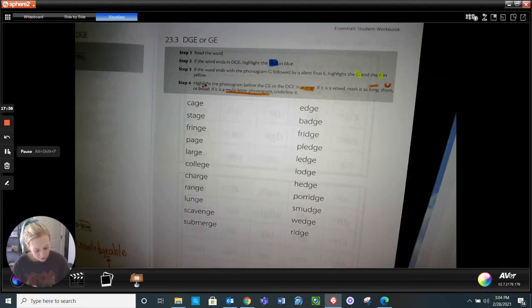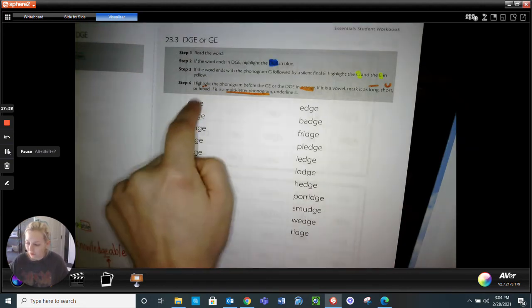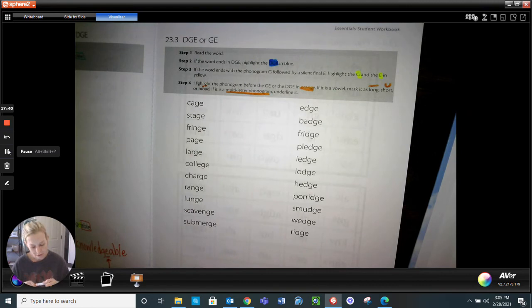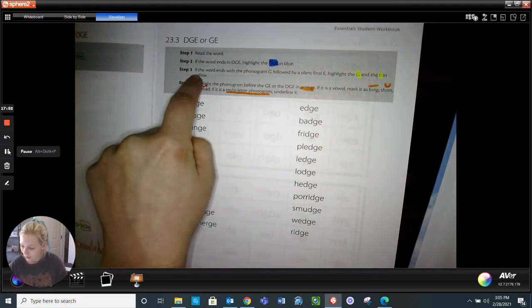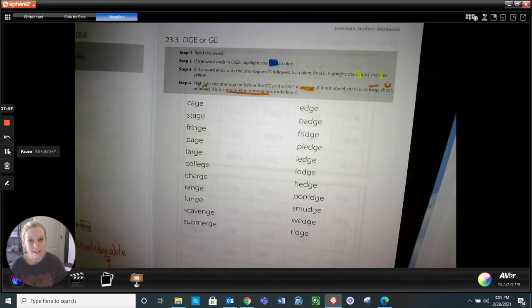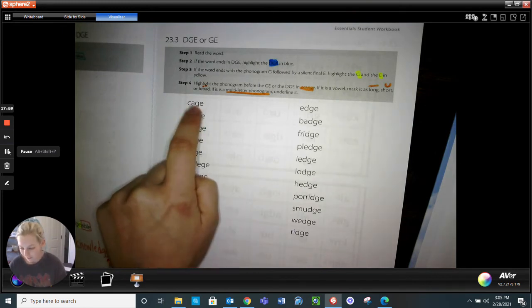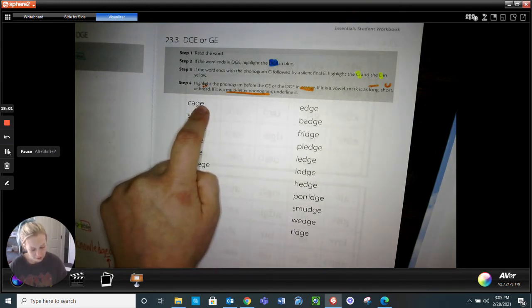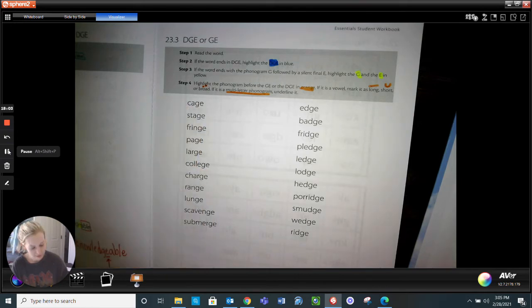Let's do the first couple together. Okay, let's do the first 4. All right, so the word is cage. Step 1, does it end in DGE? No, so we don't need this blue. Step 3, I said step 1, that was step 2. Step 3, if the word ends with the phonogram G followed by silent final E, we're going to highlight both of those in yellow.